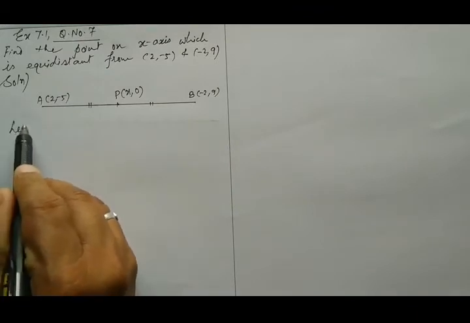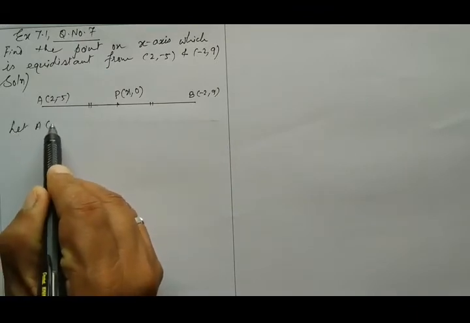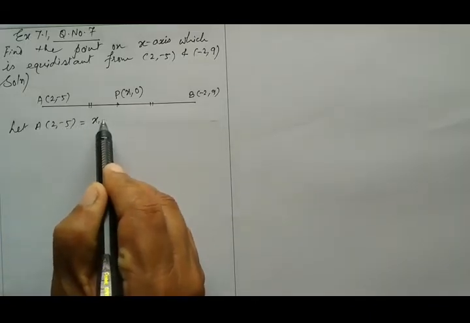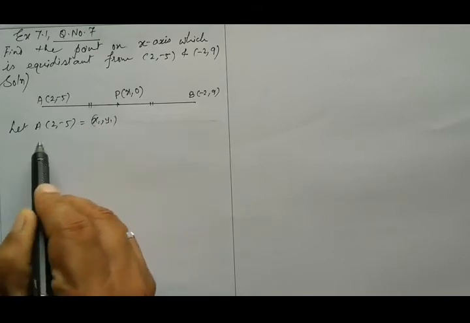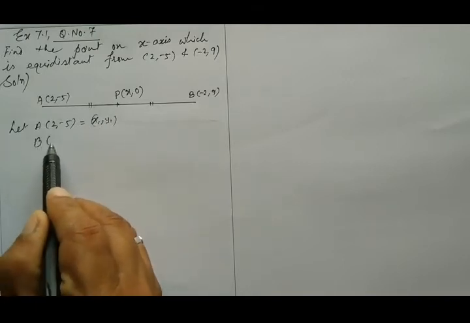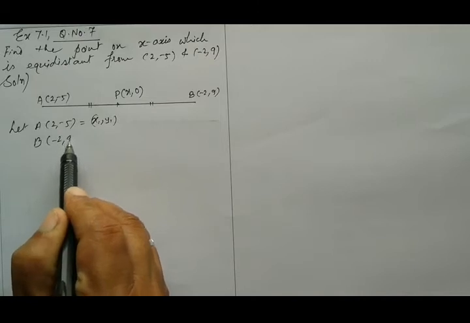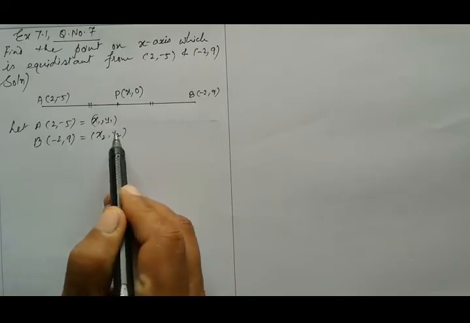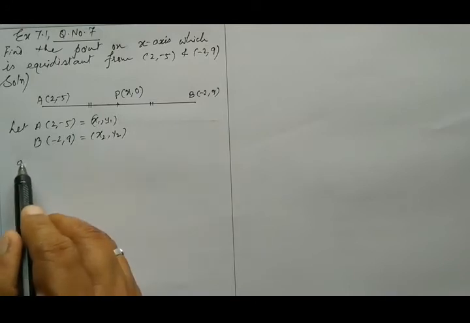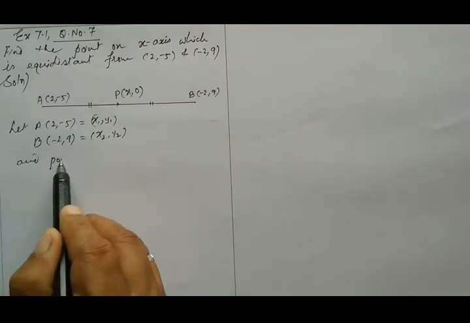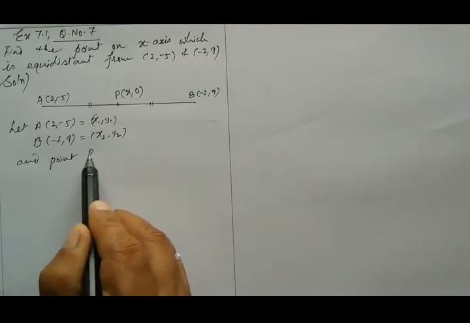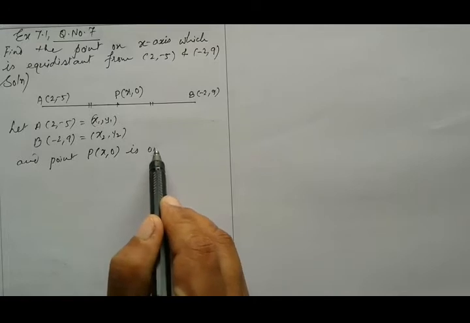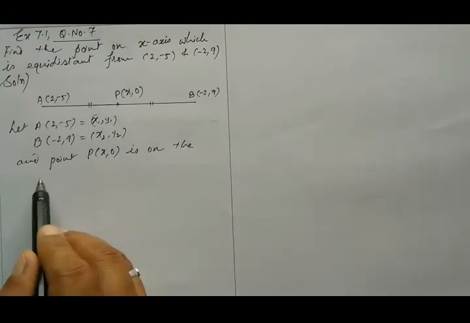Okay, let A be 2 comma minus 5, this is x1 comma y1, B, minus 2 comma 9, is equal to x2 comma y2, and point P x comma 0 is on the x-axis.